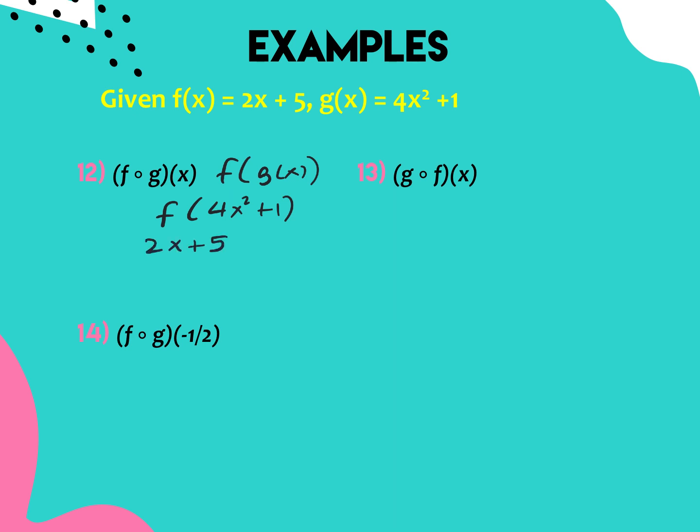So I'm taking out this X and putting in there 4X squared plus 1. So 2 times (4X squared plus 1) plus 5. I'm going to distribute. I get 8X squared plus 2 plus 5. Only thing I have to combine is the 2 and the 5.